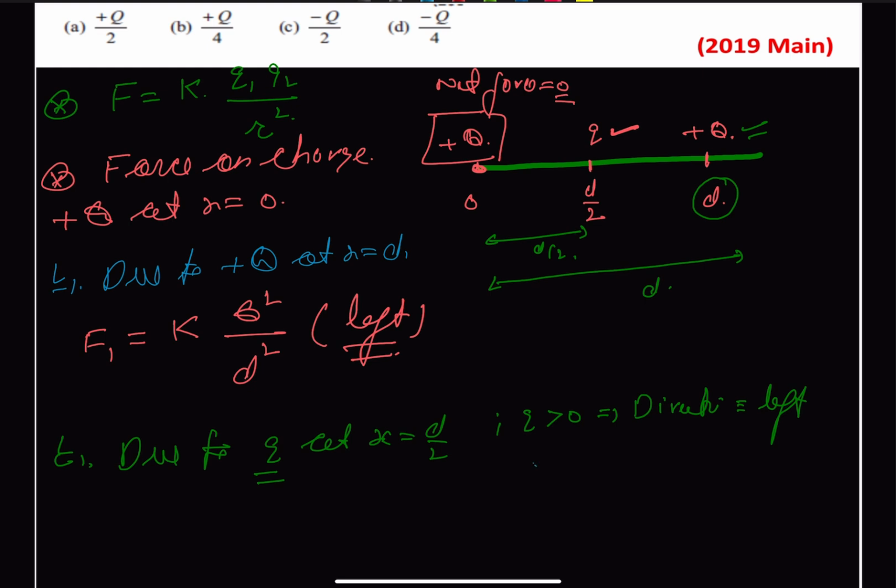And then we have q that is less than 0. Please remember this is the direction of force on capital Q. On capital Q, when q is less than 0, that means negative, the force will be towards right, which will be attractive.